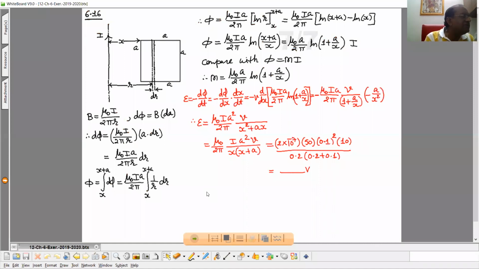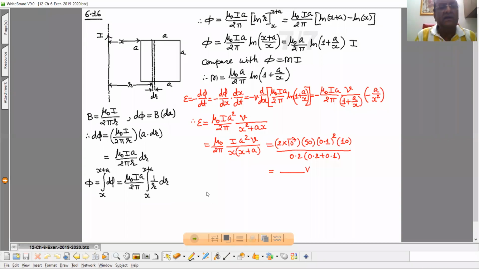Now assume that the straight wire carries a current of 50 ampere and the loop is moved to the right with constant velocity V equal to 10 meter per second. Calculate the induced EMF in the loop at the instant when X is 0.2 meter. Take A equal to 0.1 meter and assume that the loop has a large resistance.